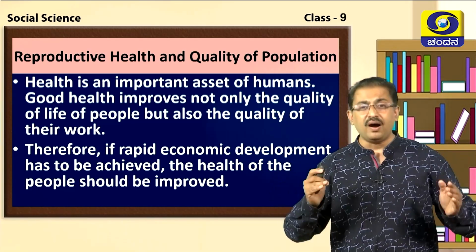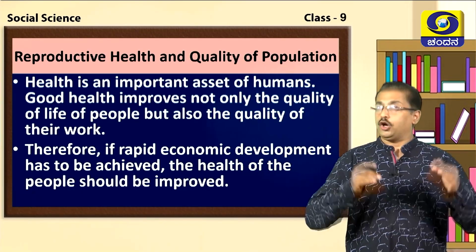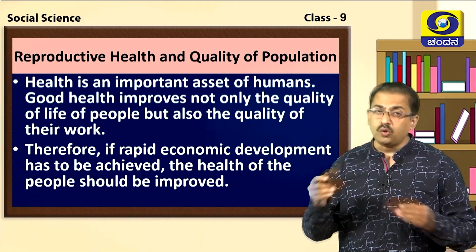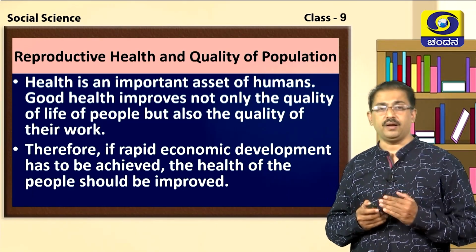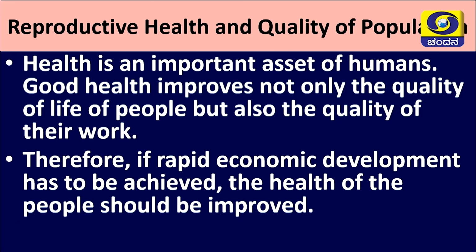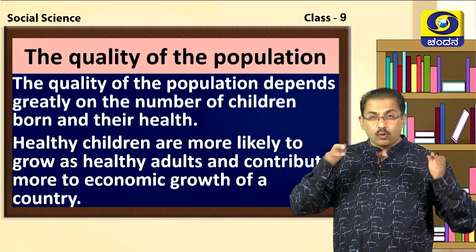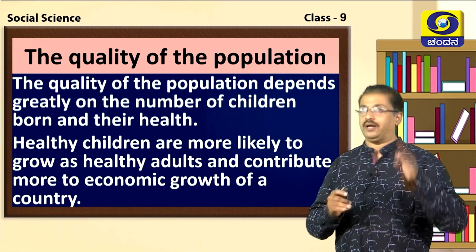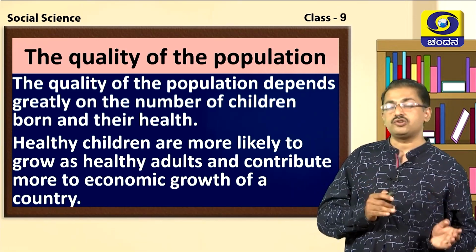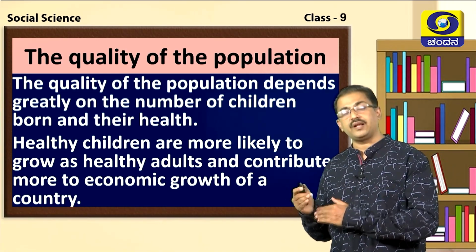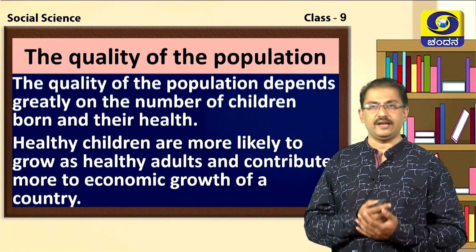Health is an important asset of humans. Good health improves not only the quality of life of people, but also the quality of their work. Therefore, if rapid economic development has to be achieved, the health of the people should be improved. So, the quality of population means healthy people with a good educational background and proper, skill-oriented training.